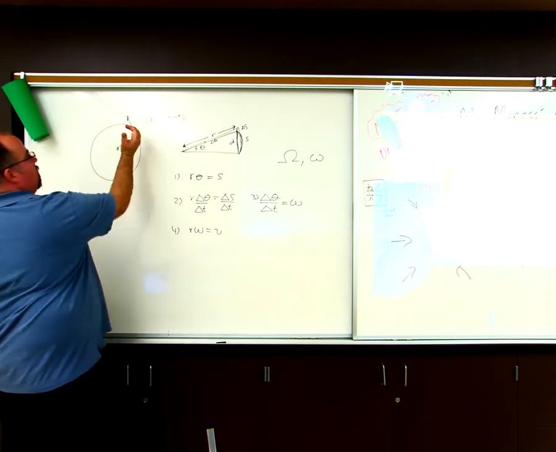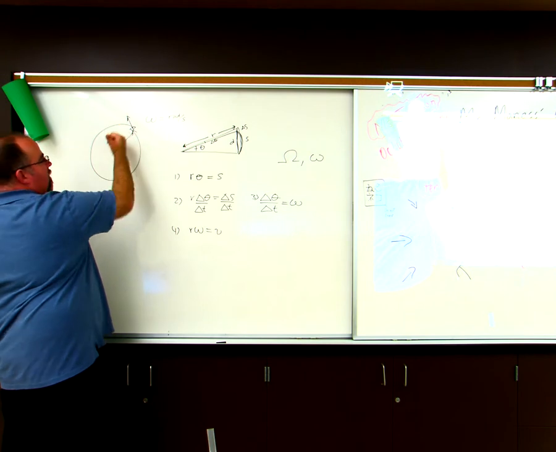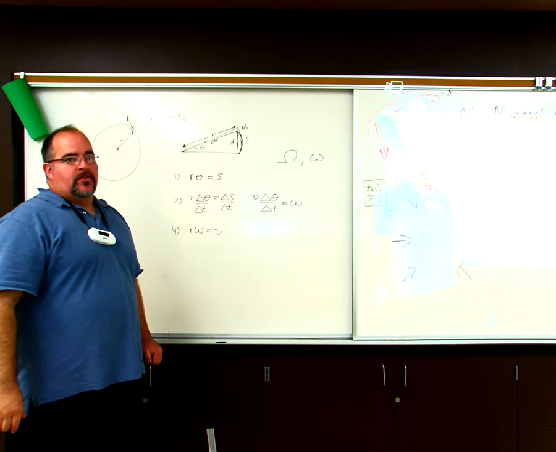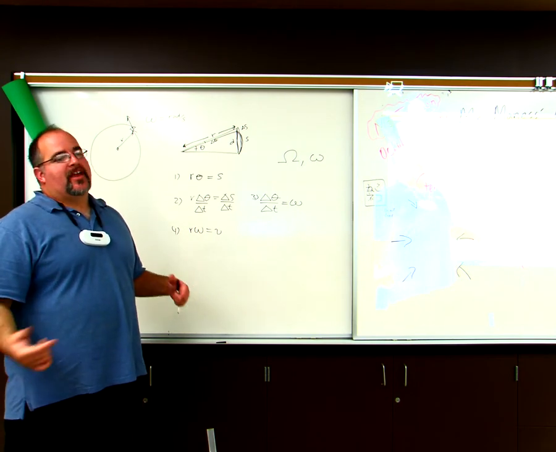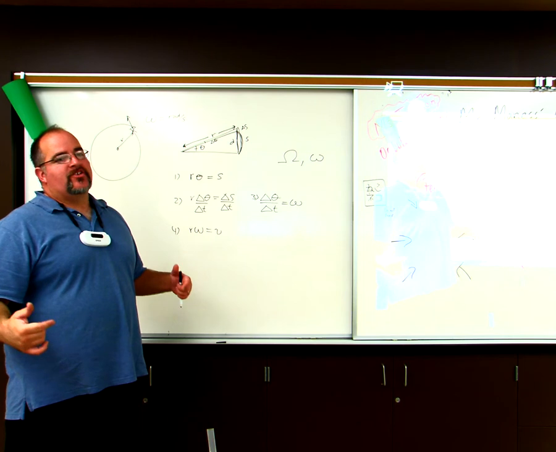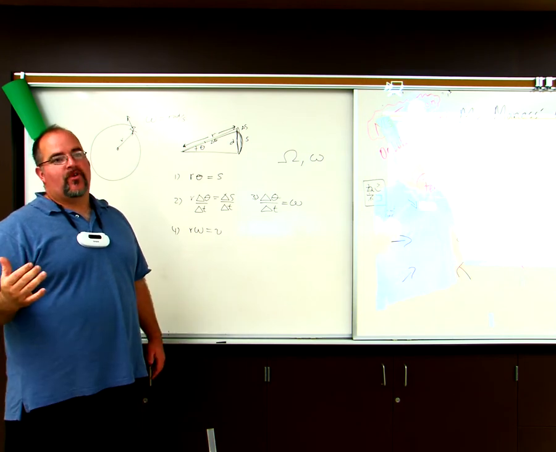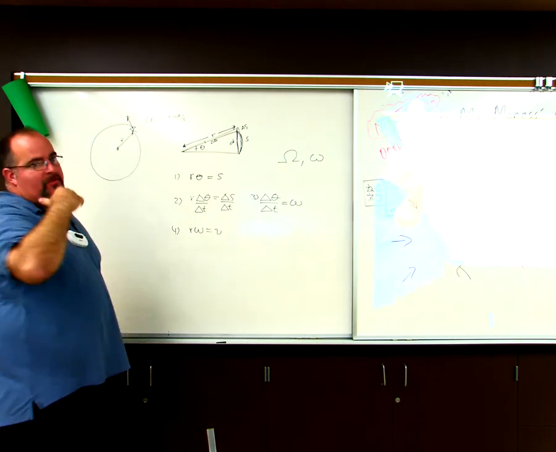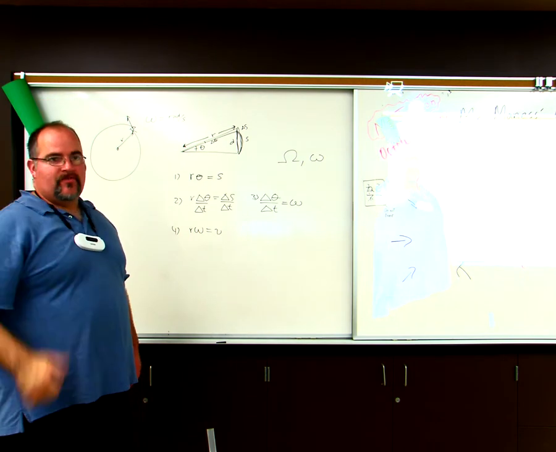Use your right hand, in whatever direction your fingers are going, and the vector would be pointing out of the board. For all these angular components, like angular acceleration or angular velocity, you use the right-hand rule. If it's going counterclockwise, the vector is pointing out of the board. Your thumb would be the vector.